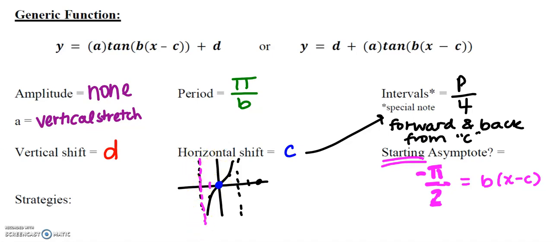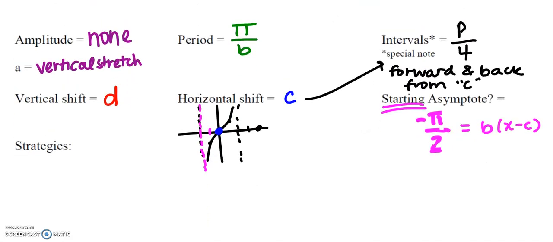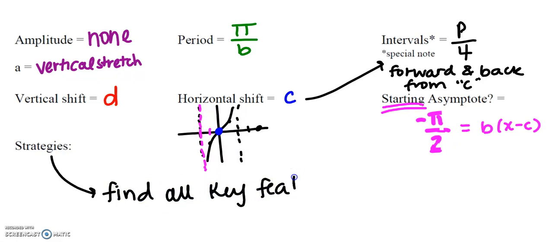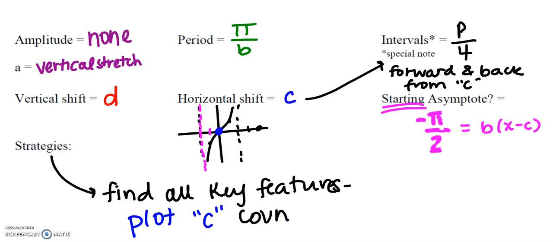So our strategies, same as always, find all key features, and then plot C and count 2 intervals to the left.